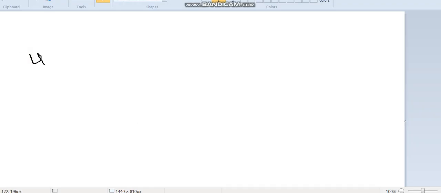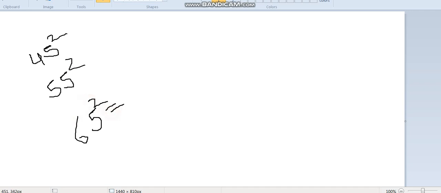If you want to find 45 square, or 55 square, or 65 square, any number ending with 5, it will take less than 10 seconds. The 5 square, every time you will write 25.